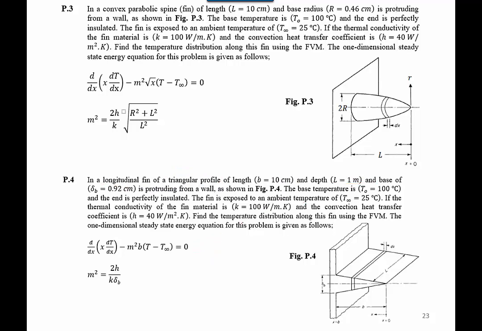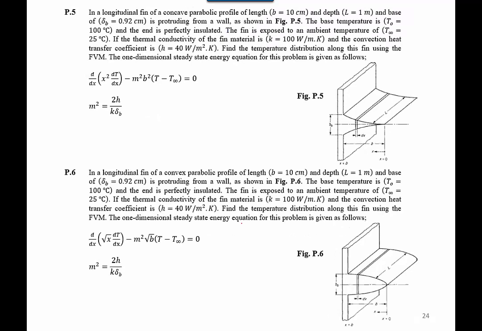So in problem number 5, we have a longitudinal fin of a concave parabolic profile with this given differential equation, and problem 6 with a convex longitudinal fin with a convex parabolic profile and with this differential equation.